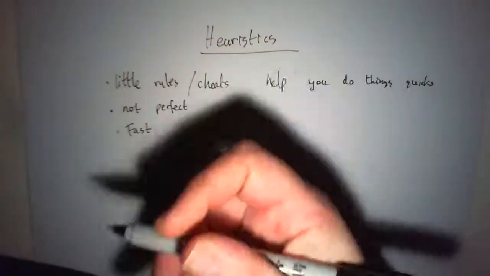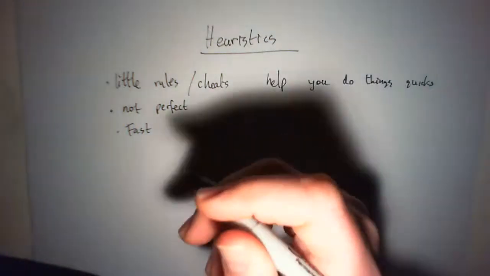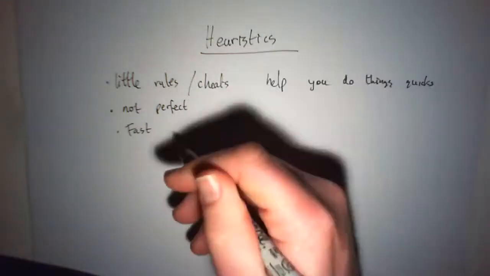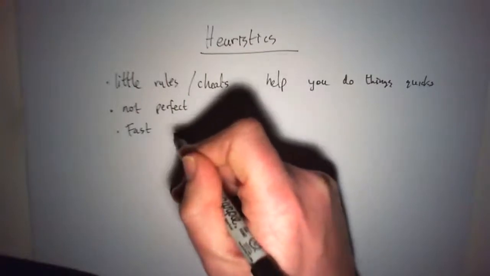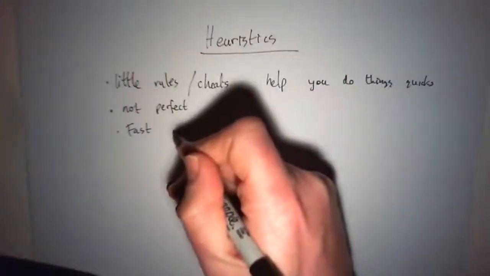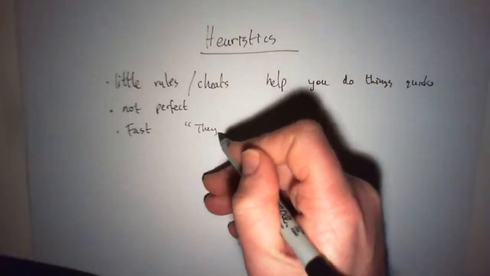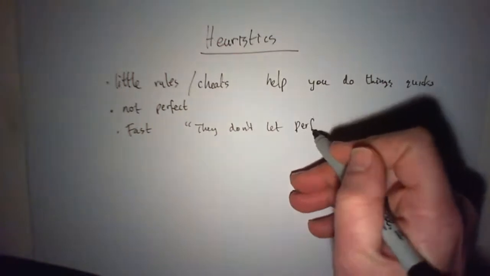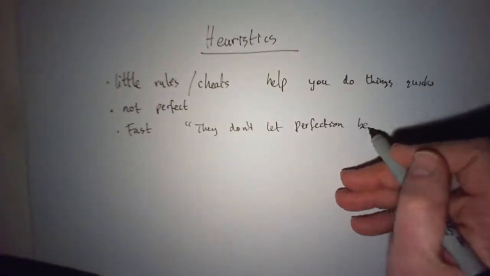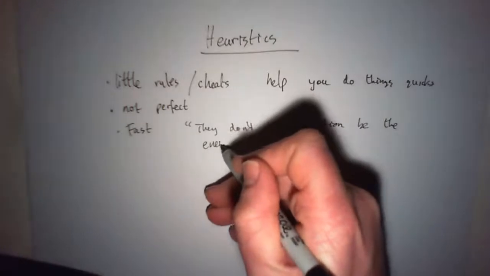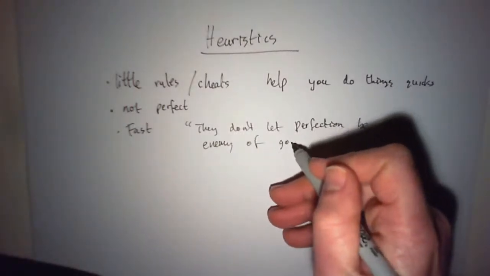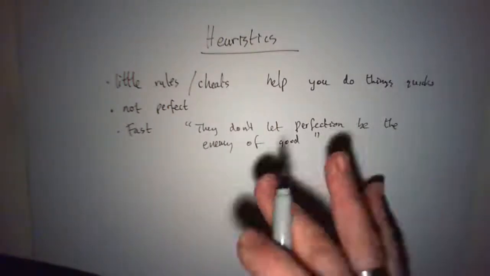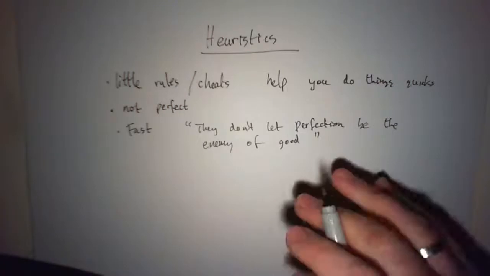And I suppose this would probably be the easiest way to sum them up: they don't let perfection be the enemy of good. That's a nice way of putting it. There are probably other phrases like that, but they don't let perfection be the enemy of just good enough.